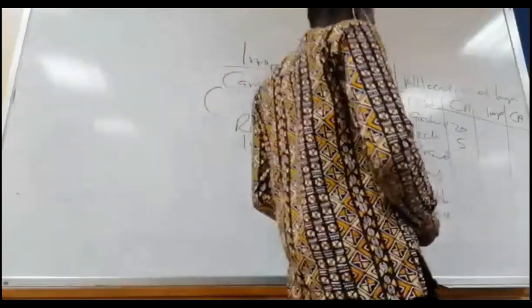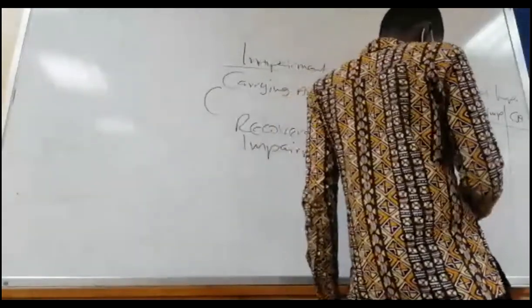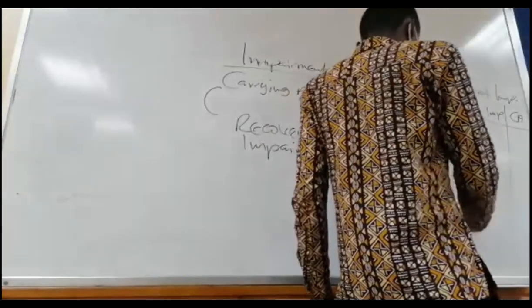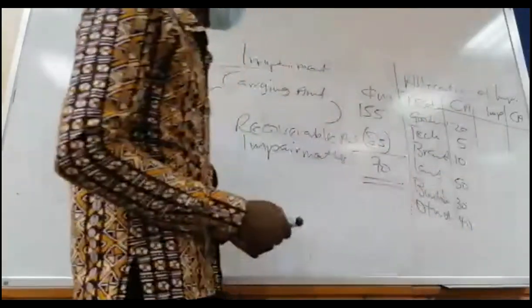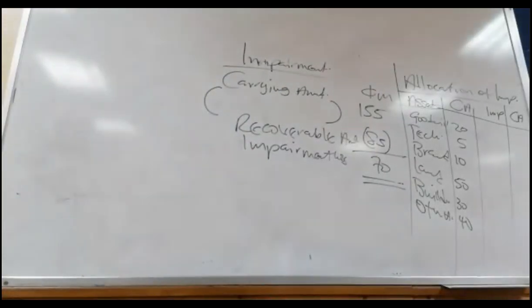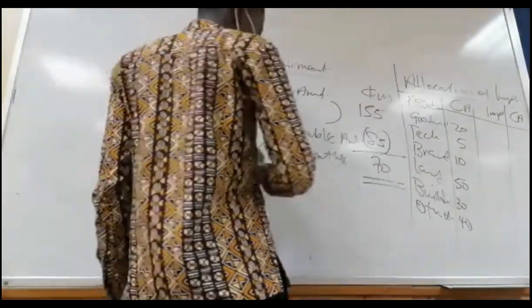Then brand is 10. Land 50, 50, 30, 40. Good. So this is the carrying amount before impairment. So first, we have to share the impairment based on these steps.